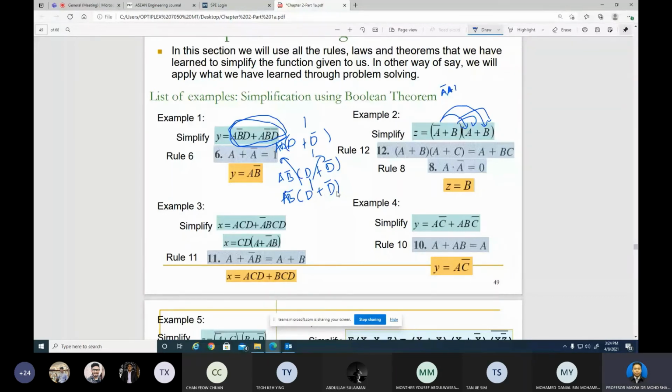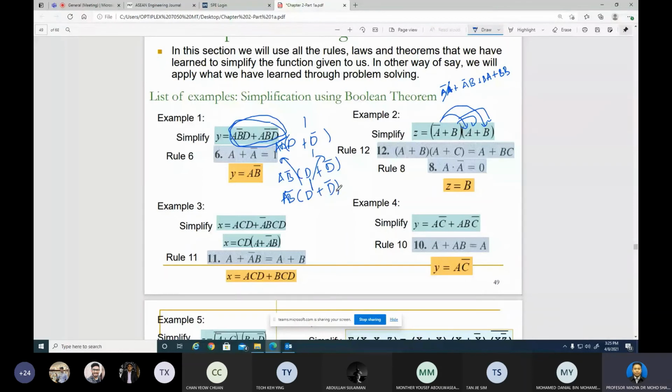I will read the expression of this Boolean equation first: A bar multiplied by B, then plus B multiplied by A, then last is B multiplied by B. So this is a similar rule.